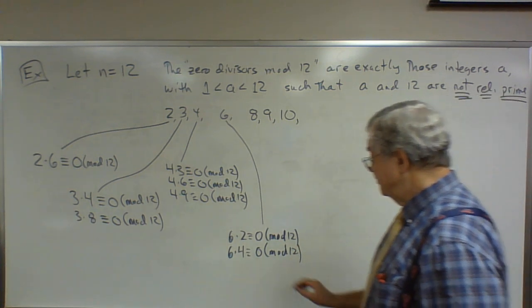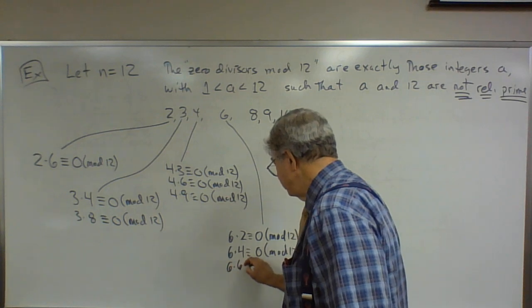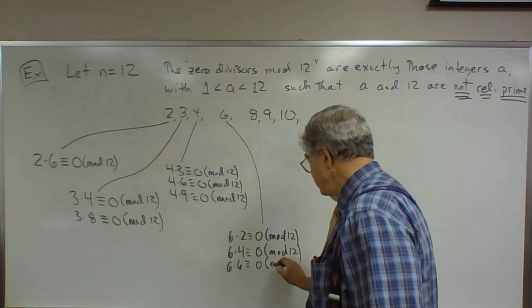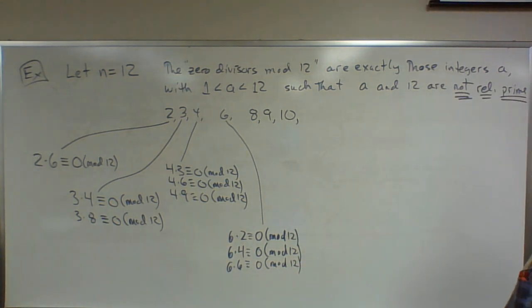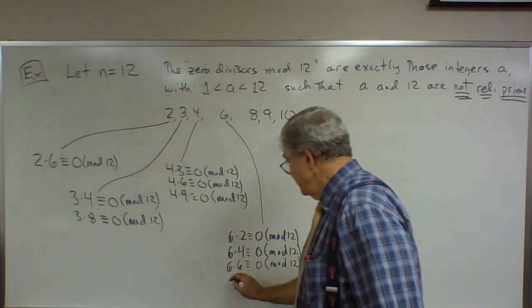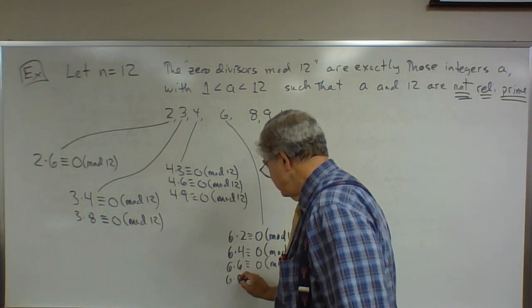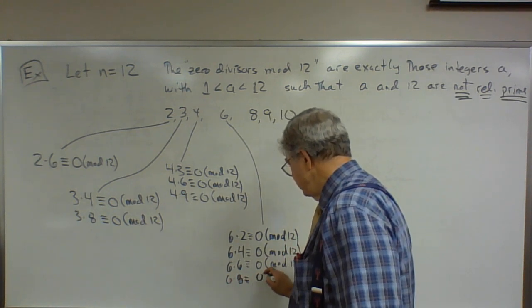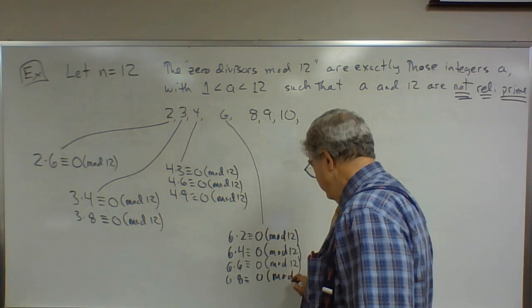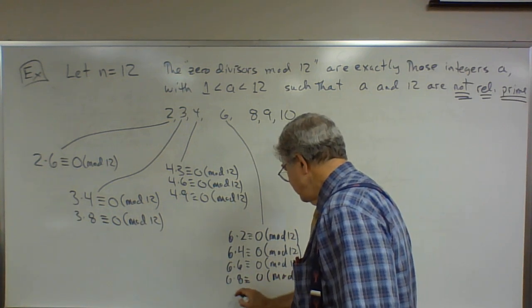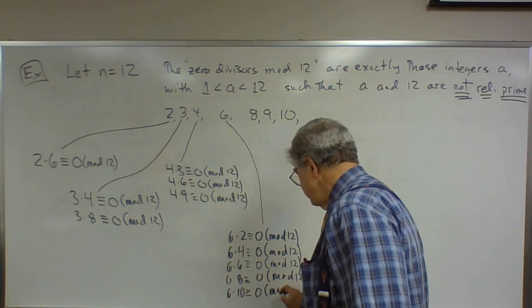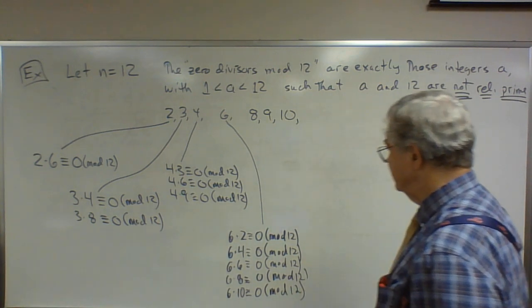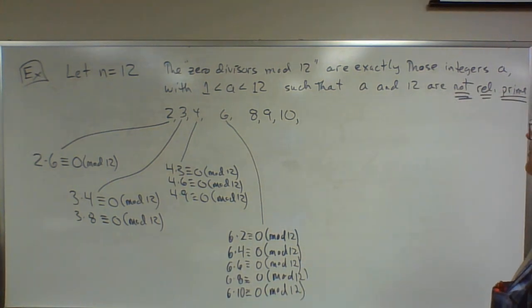And 6 times 6 is 36, which is 0 mod 12. 6 times 8 is 48, which is 0 mod 12. And 6 times 10 is congruent to 0 mod 12.